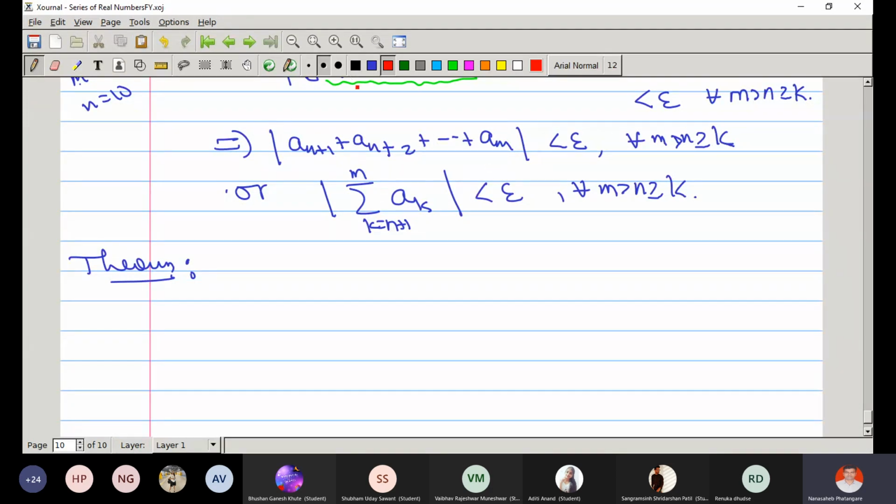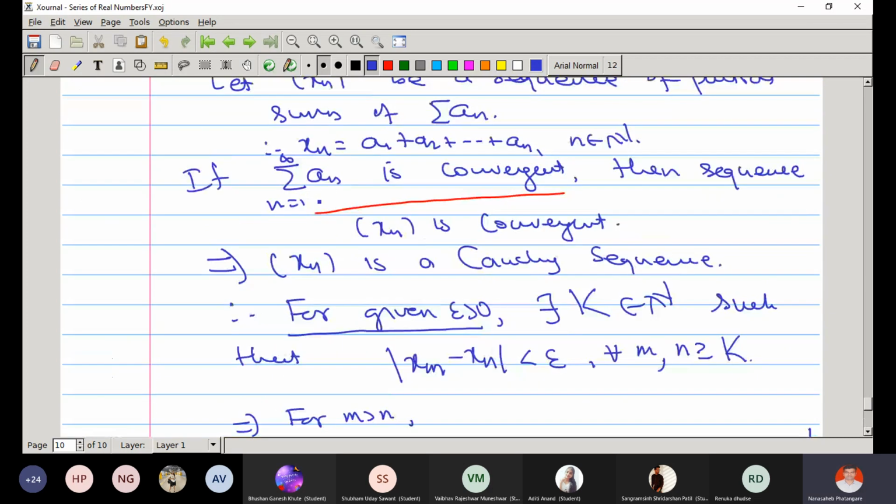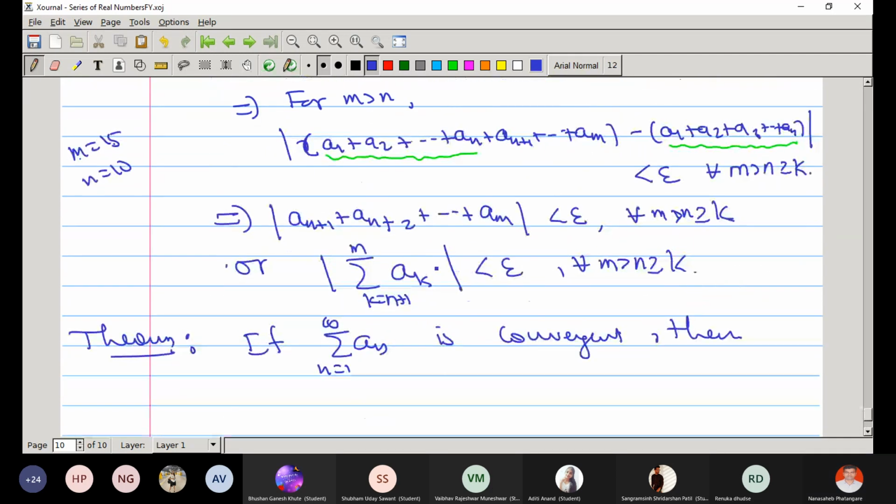So what should be the statement now? If the series a_n is convergent, then what should I say? See our explanation: we started with the series a_n being convergent, and where we reach at the end, can you make the statement?